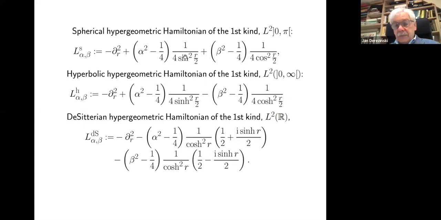Spherical has sine and cosine. The hyperbolic has sinh and cosh. And the de Siterian maybe looks more complicated, but it's actually also in the same spirit.